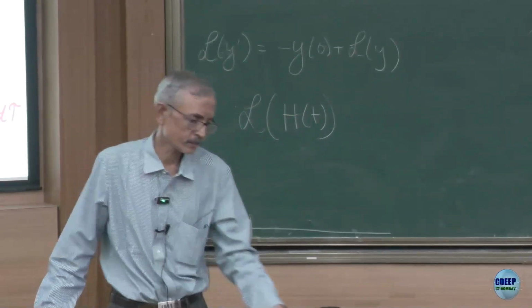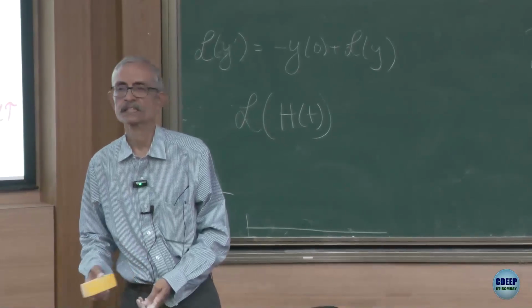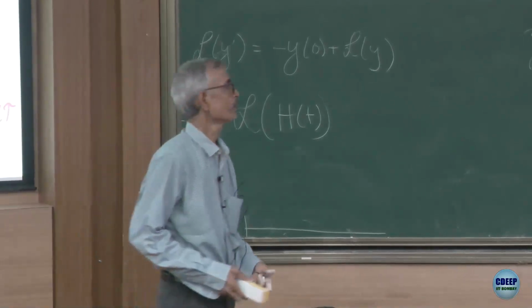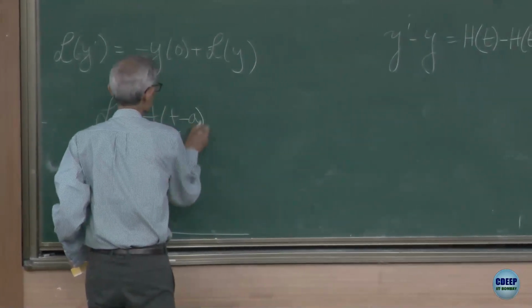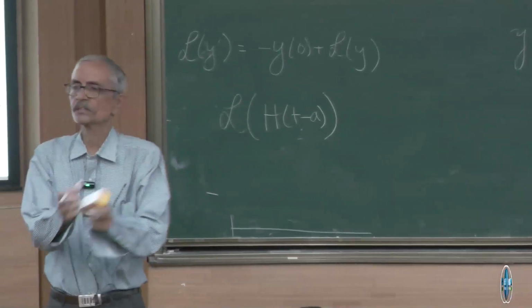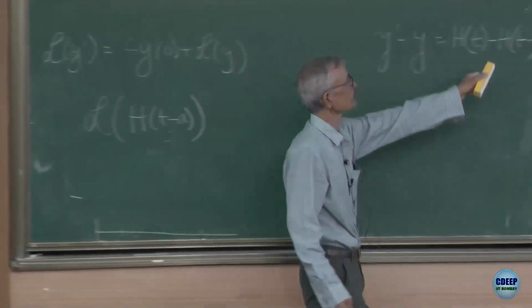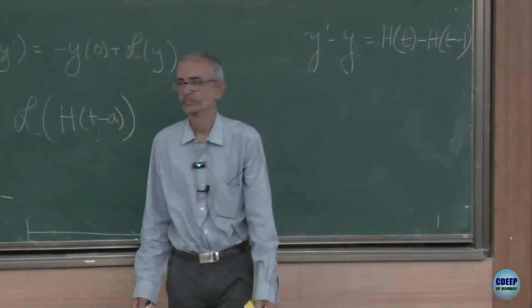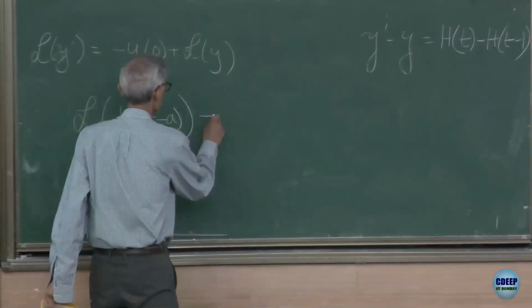So what is the Laplace transform of h of t? That's what we want. We'll do it slightly more generally, which is h of t minus a. If a equals 0, it is h of t, and I need the Laplace transform of h of t minus 1 also. So I have the Laplace of h of t minus a.